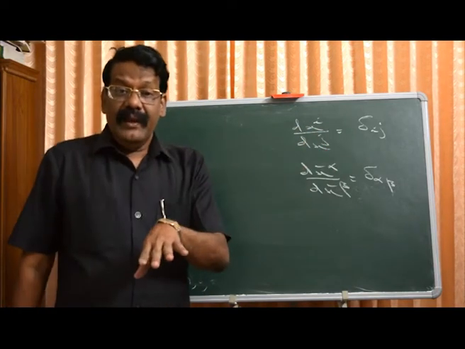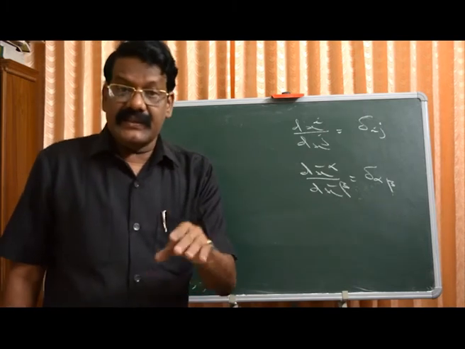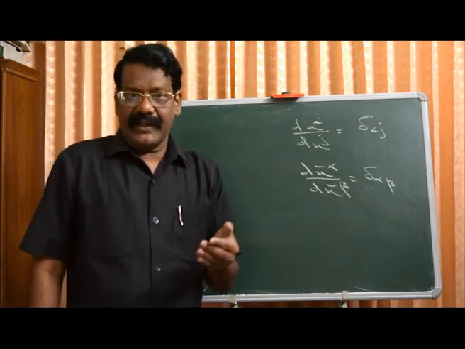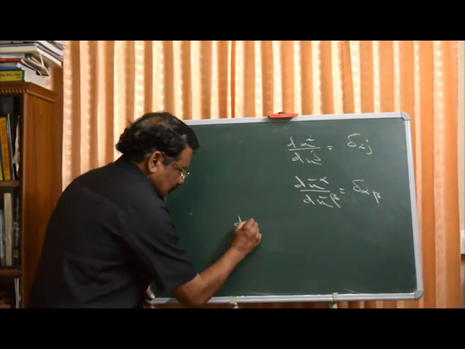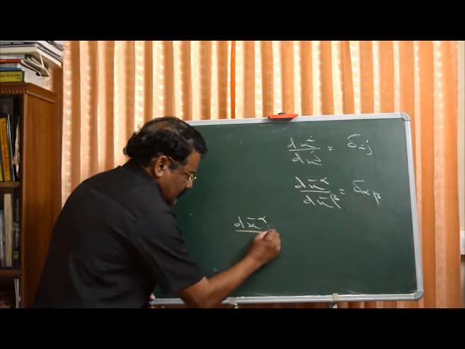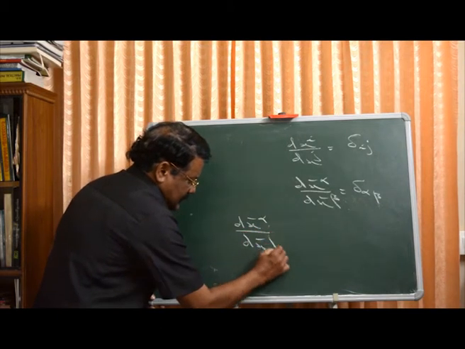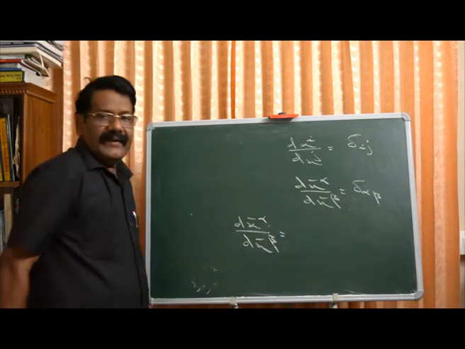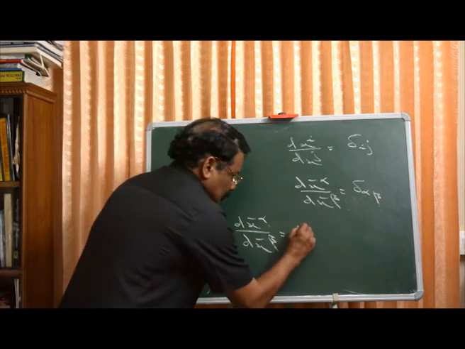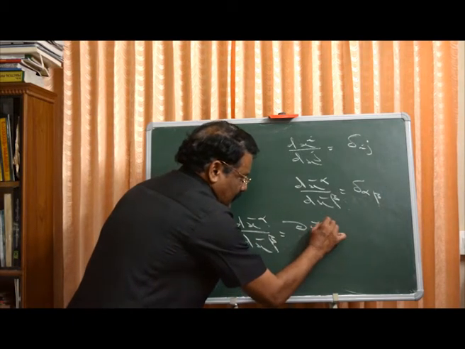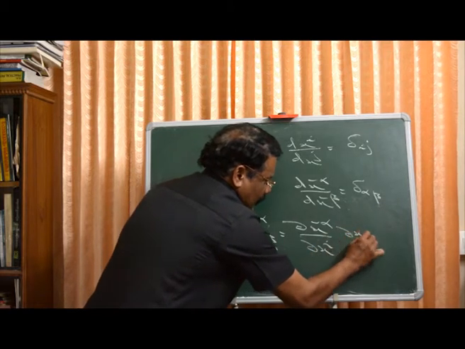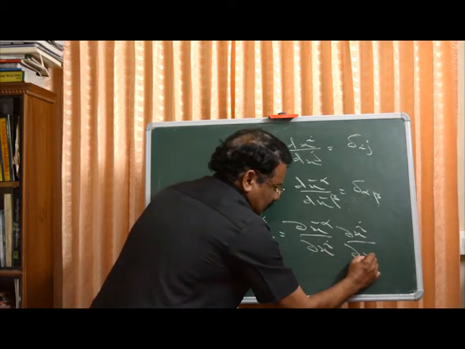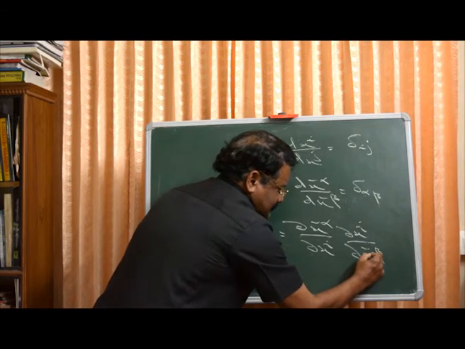Now we go from a Cartesian coordinate system to spherical polar coordinate system or vice versa. In that context, I can very well write dx bar alpha by dx bar beta as dou x bar alpha by dou x_i into dou x_i by dou x bar beta.